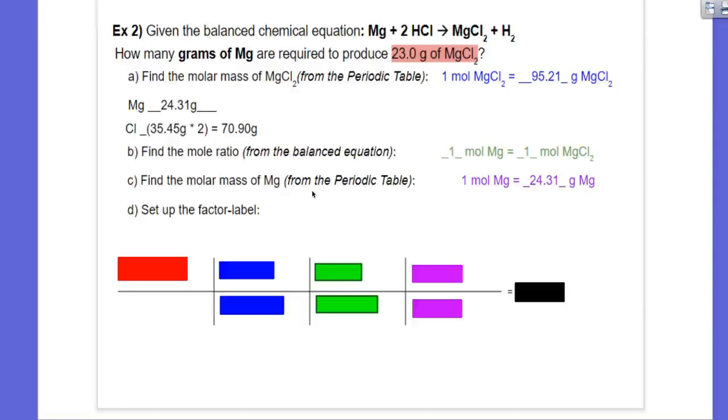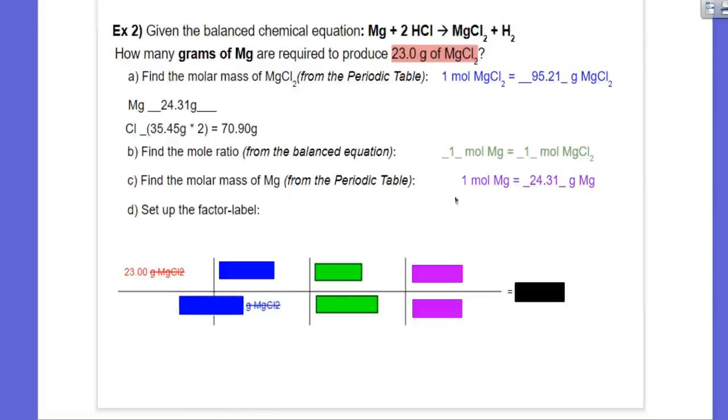In my question, my given value and unit are 23.0 grams of MgCl2, and I'll put that in the top left box. Since I'm starting with grams of MgCl2, the first thing I want to do is get rid of grams of MgCl2.